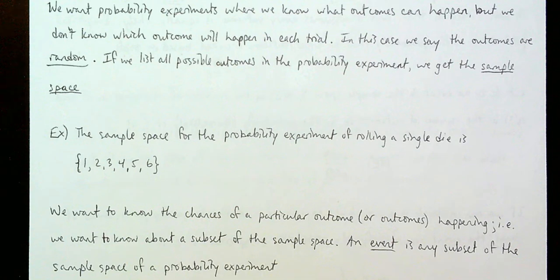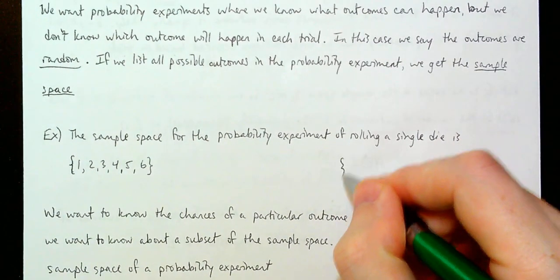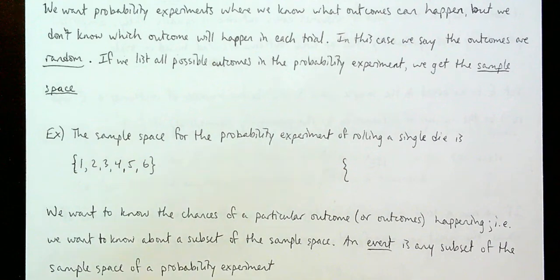If we had, say, a fair two-sided coin, and if anybody has a three-sided coin, I'd be very interested to see what that looks like. But if you take a fair two-sided coin and you toss it 2 times, the outcomes you could get: you could get a heads on the first flip and a heads on the second flip.